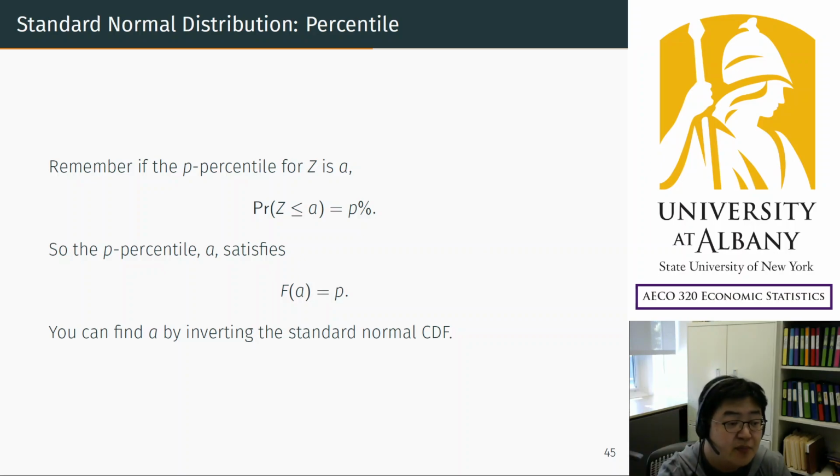So when you calculate P percentile, you have to find the number that satisfies this equality. Mathematically, this is to find the inverse function of the CDF. If you know the inverse function of CDF, then you can easily find the value A. Of course, we cannot do that by hand, but the computer does that. It's easy on Excel.